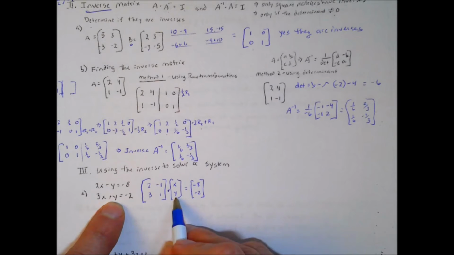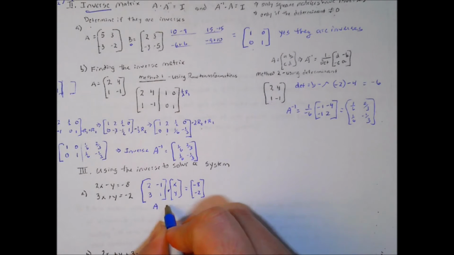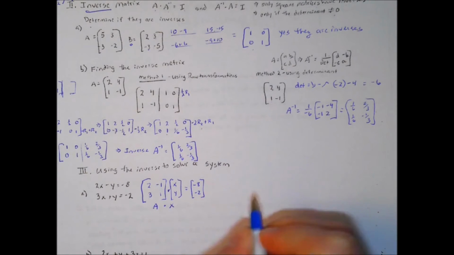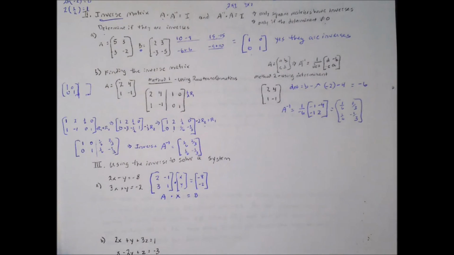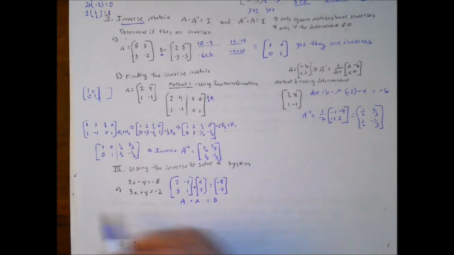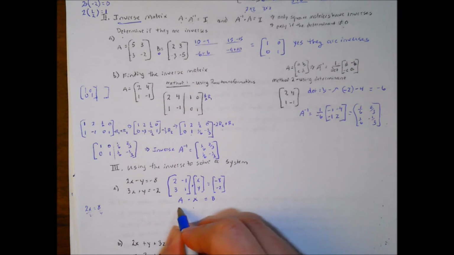So now to actually solve this, what we have here is matrix A times our other matrix equals matrix B. In order to solve an equation like 2x equals 8, you would divide by 2, right? You do the opposite operation. So we're going to multiply by the inverse of A on both sides.